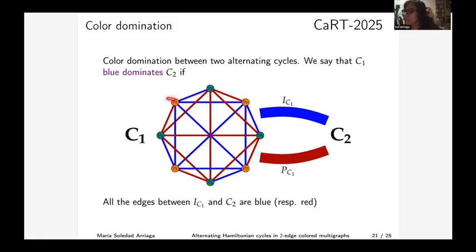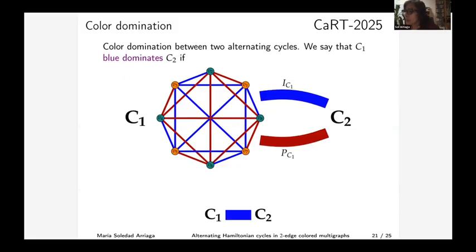And all the edges between IC1 and C2 are blue. And all the edges between PC1 and C2 are red. So if we have all these conditions, we say that C1 blue dominates C2, and we write like this.